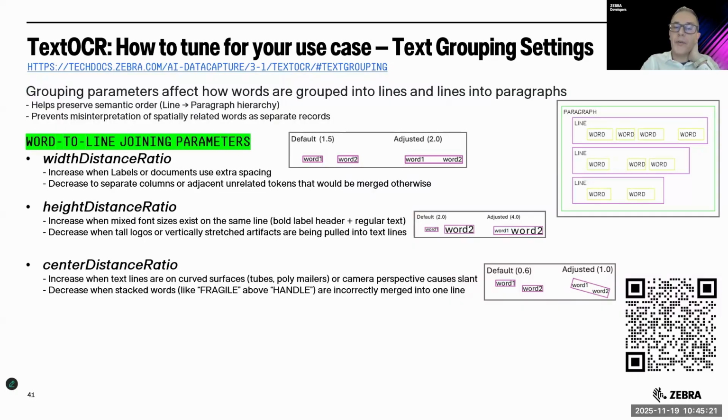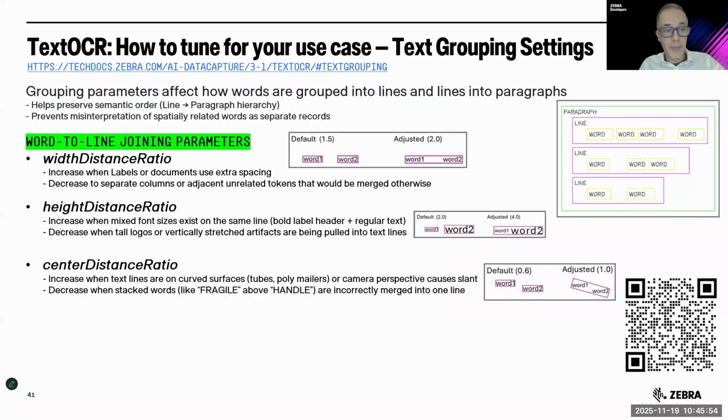If you keep it at the default value, two words appear in two different lines. Instead, if you adjust it by increasing it, the two words are combined in a single line. This might be useful, for instance, in fields like addresses on a label, where the address name and the city might be very distant, but on the same line. If you want them to be compacted, this parameter can help to achieve that.